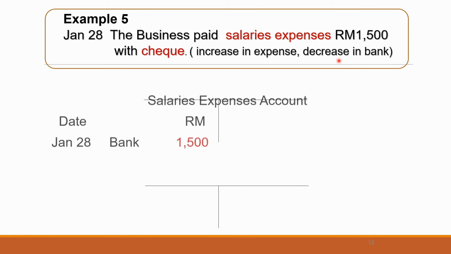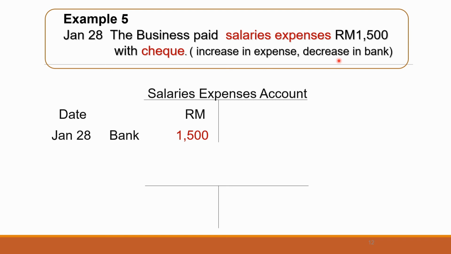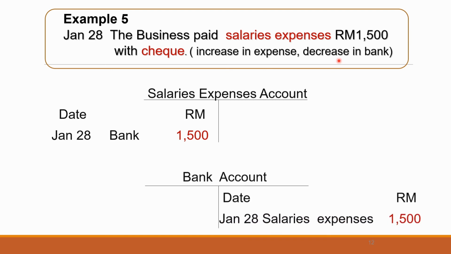The first one, salaries expenses, and the second one, bank account. So when there is an increase in expenses, we must record in the debit side because we are following the rules of debit and credit. And for bank account, we have paid, so that means we will reduce the amount of bank account. So we just write down in the credit side.